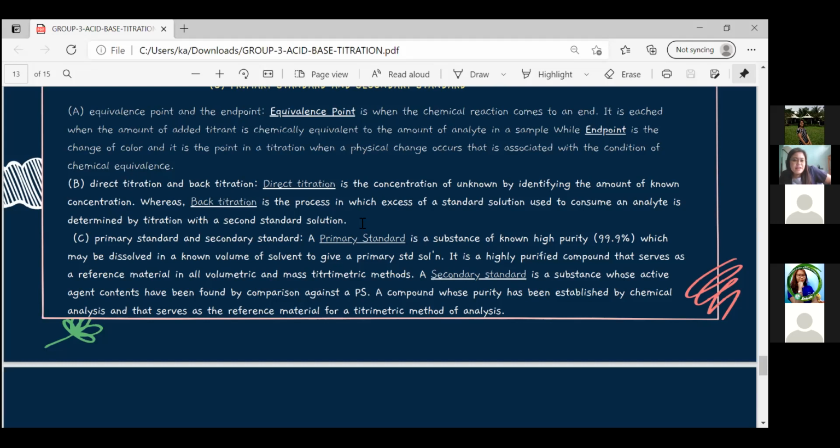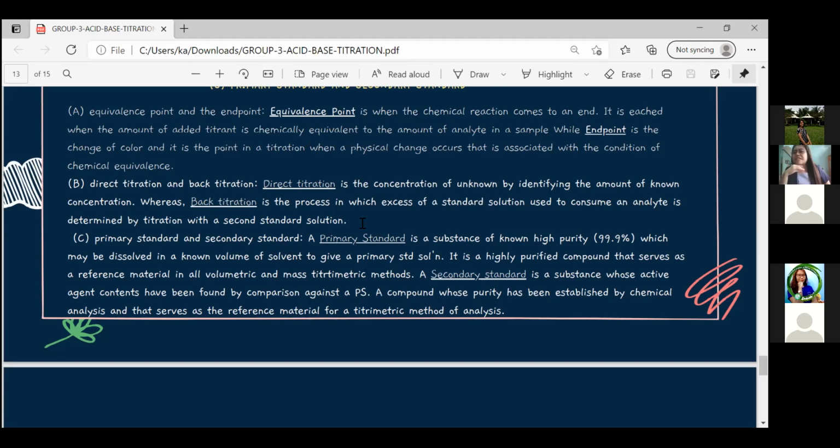Next, primary standard and secondary standard. Primary standard is mostly solid. It's highly pure, that's 99.9%. We use it in titration to determine the concentration of a sample. A secondary standard is still considered pure, but this time it's a liquid substance. It is still used to determine the concentration of our sample, so it is still a reference material.